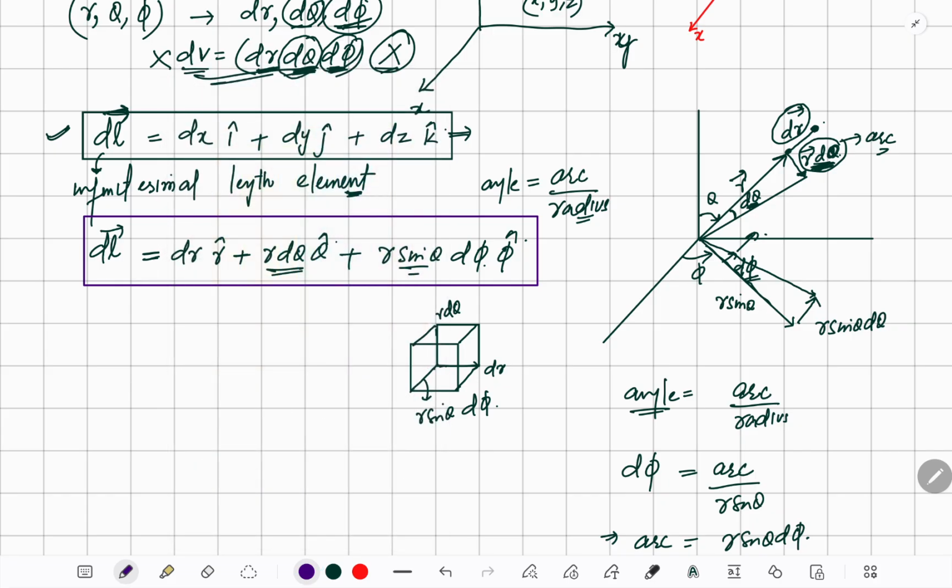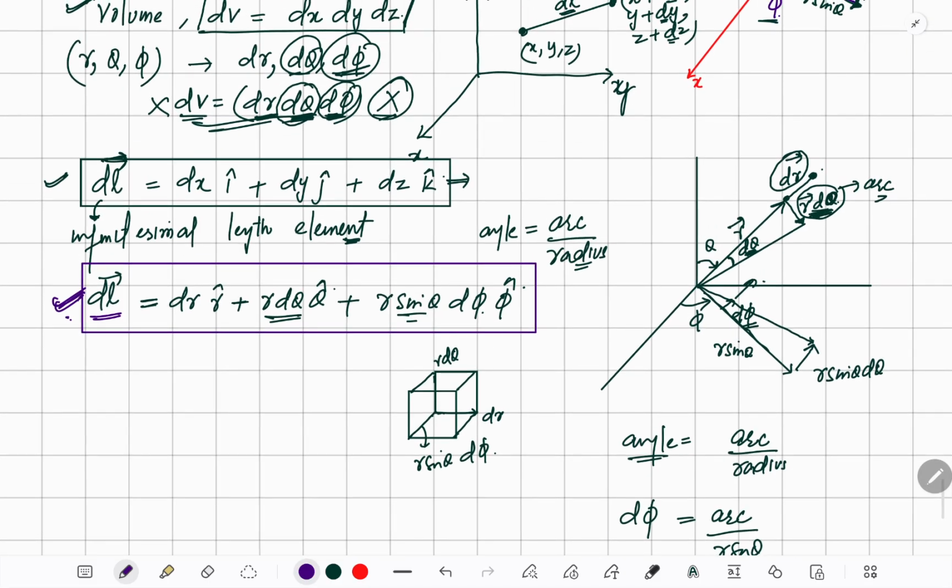If you understand this, dl vector, I'm making you sure here that whatever you face in spherical polar coordinate system will come from this dl vector.